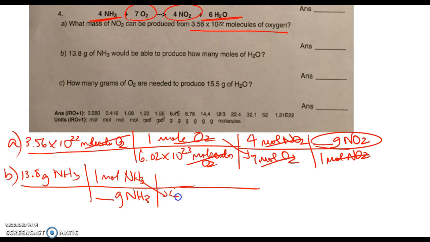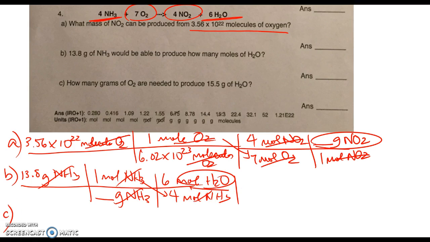So this comes down, 4 moles of ammonia are needed to produce 6 moles of H2O. And that's the answer. They want the answer to be moles of H2O, right? We started with grams, the grams cancel, the moles cancel, we end up with moles.